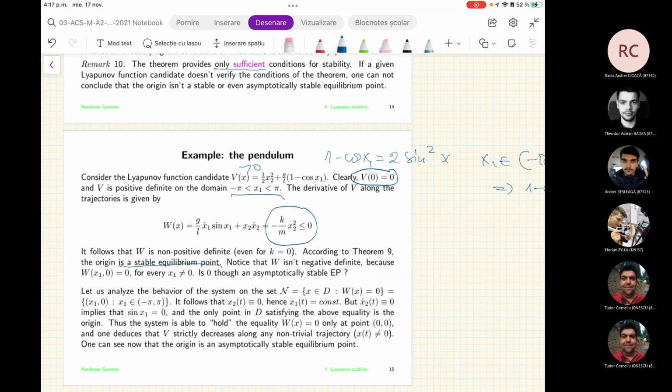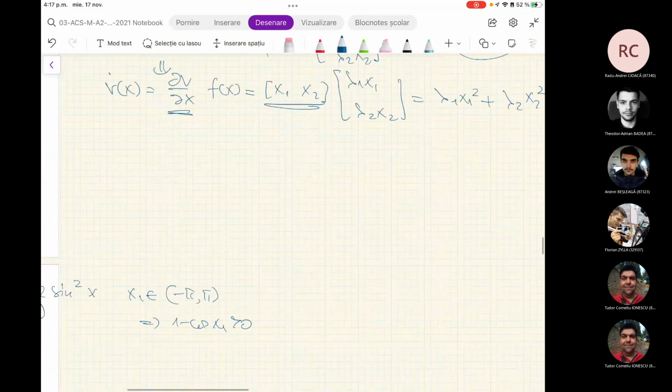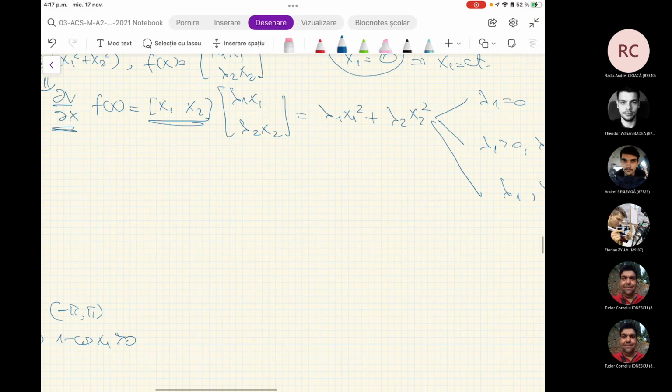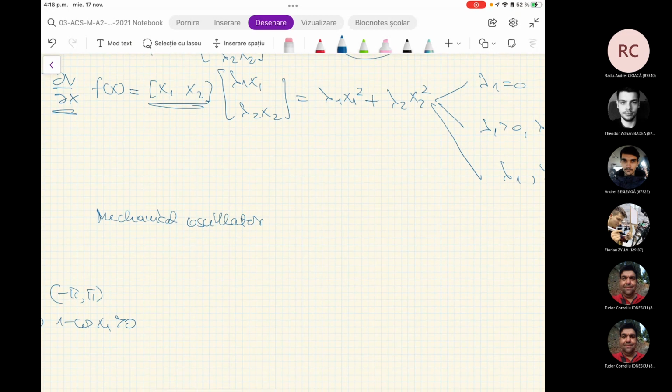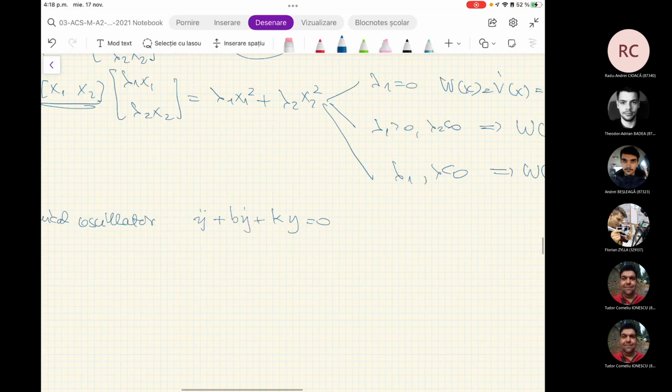We also have, if you remember, the mechanical oscillator. I'm going to take the linear version of that. Y double dot plus B Y dot plus K Y is 0. Remember that. B and K positive.